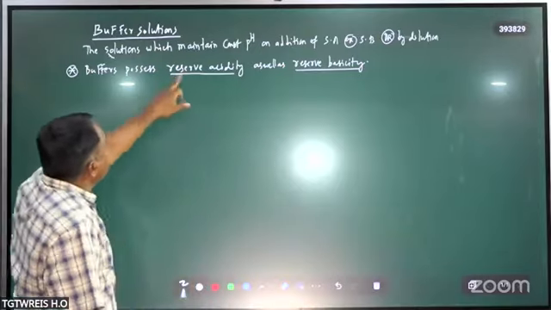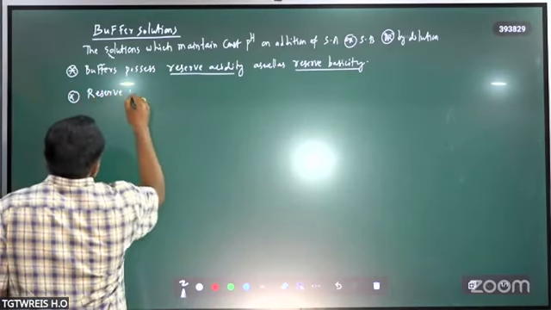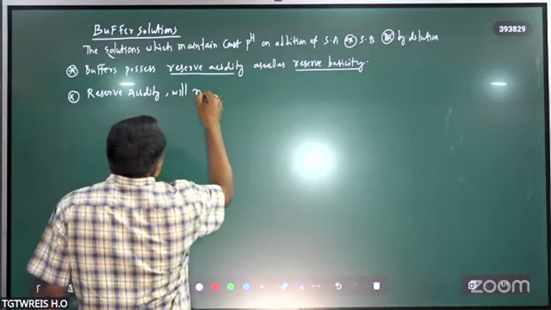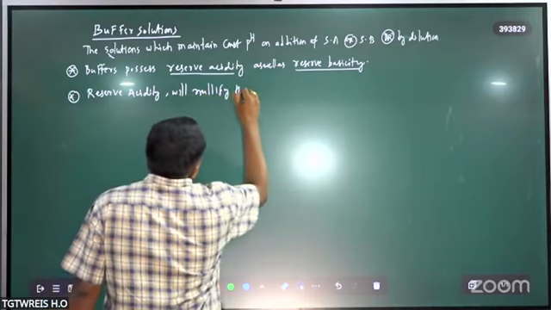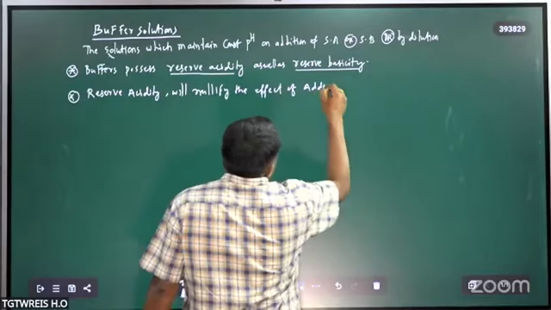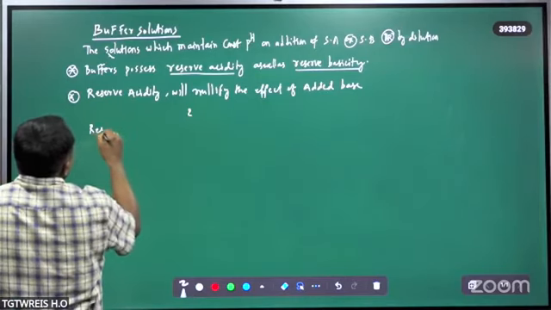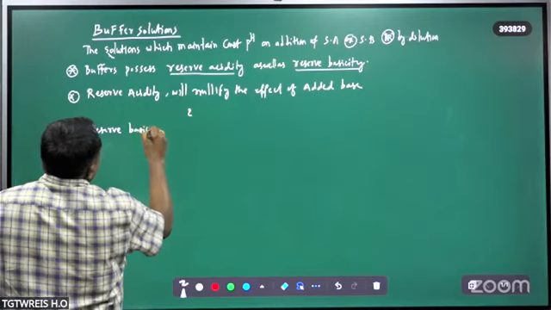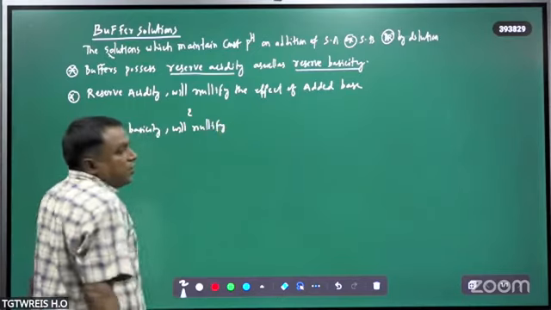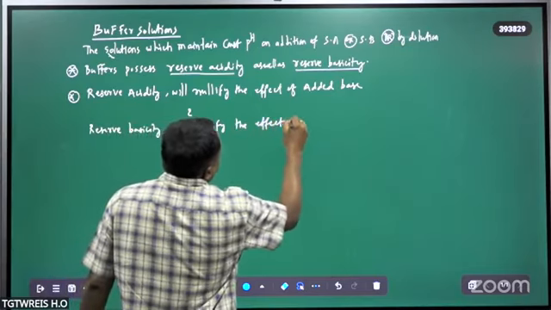So this reserve acidity will nullify the effect of added base, and reserve basicity of the buffer will nullify, nullify means no effect, the effect of added acid.